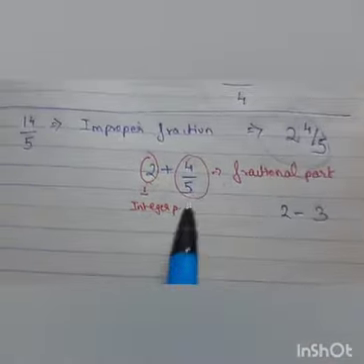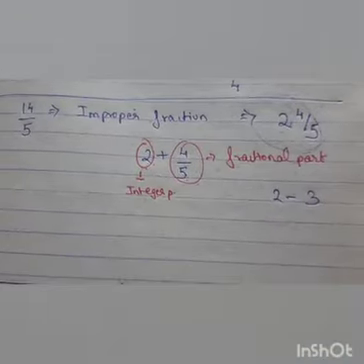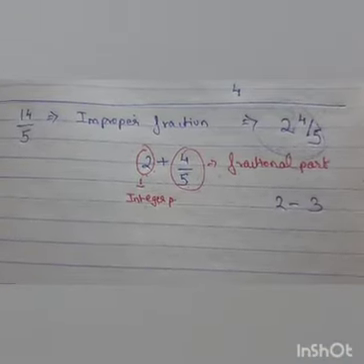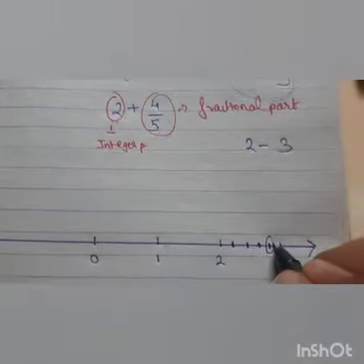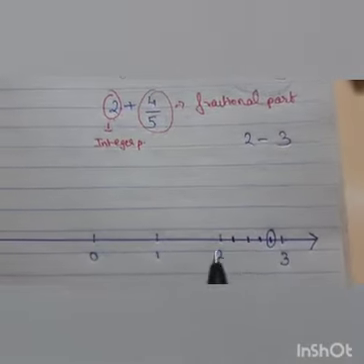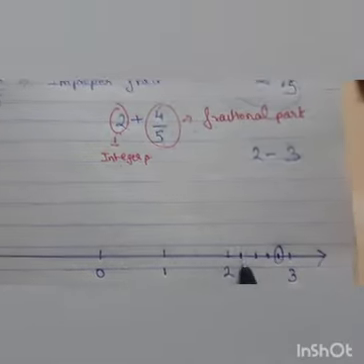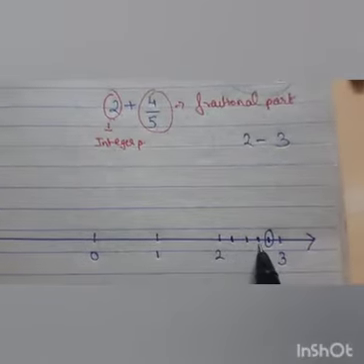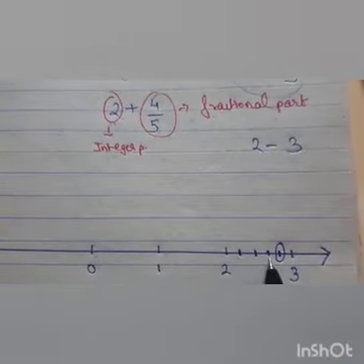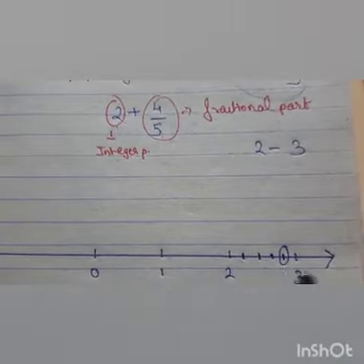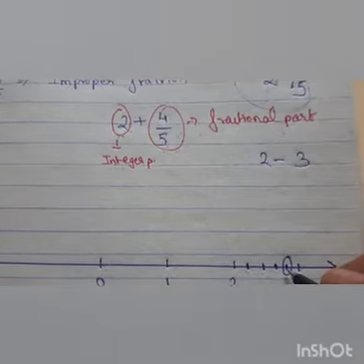Okay, now it is saying 4 upon 5. 1, 2, 3, 4. So this is your required fraction. You have to plot 4/5 only, right? 1, 2, 3, 4. This is your fourth, that means this is your required fraction.